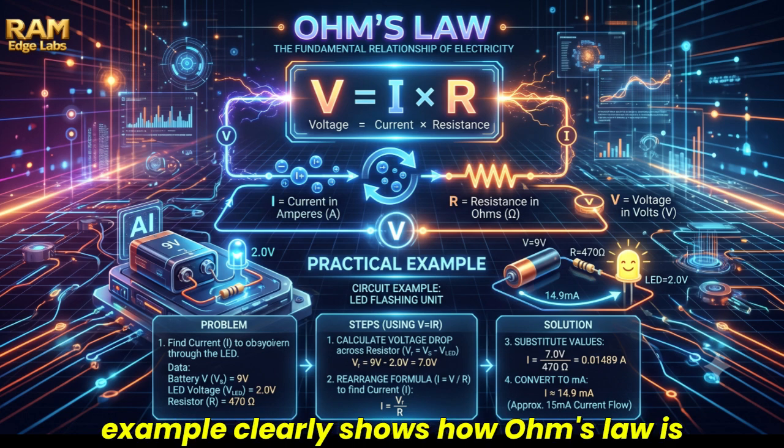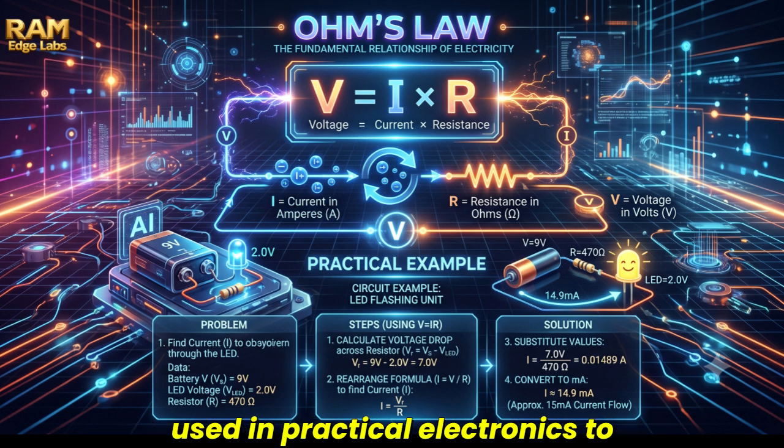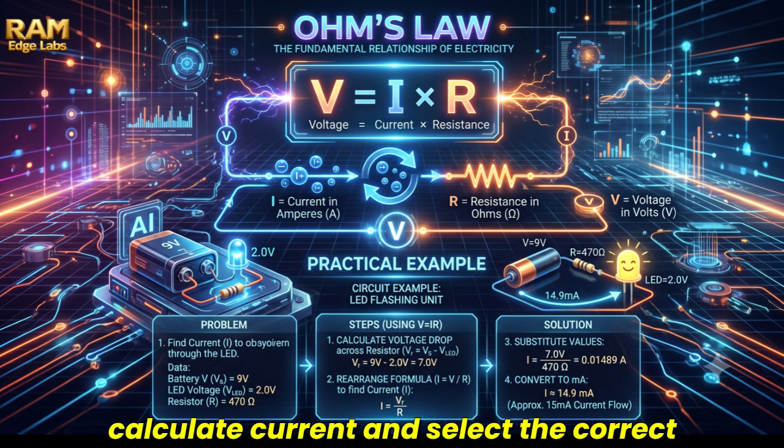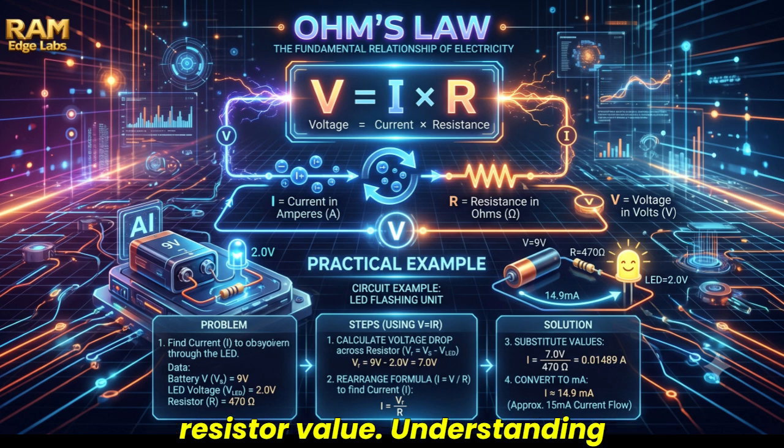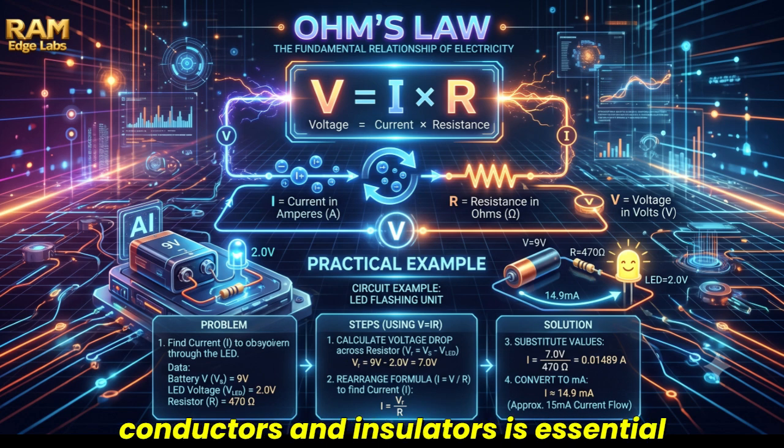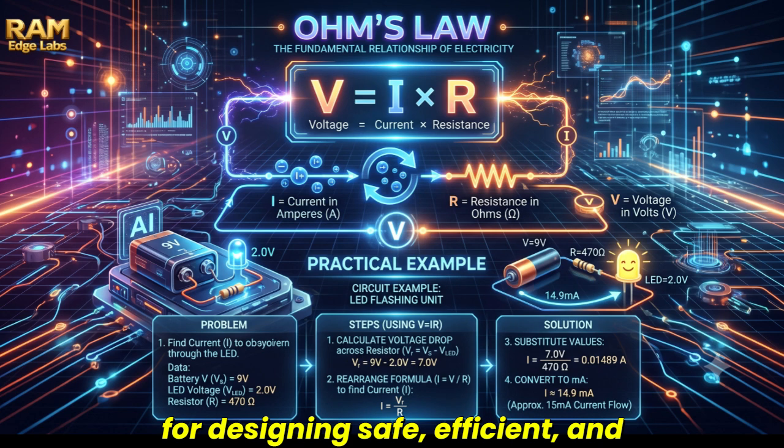The LED circuit example clearly shows how Ohm's law is used in practical electronics to calculate current and select the correct resistor value. Understanding Ohm's law and the properties of conductors and insulators is essential for designing safe, efficient, and reliable electrical and electronic circuits.